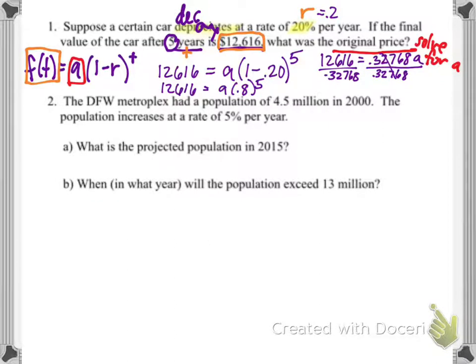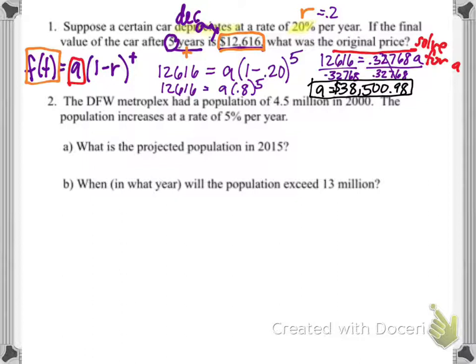And I get my final answer, which would be A equals 38,598 cents. So that means that my car started out at 38,000 and then depreciated to 12,000 after 5 years.